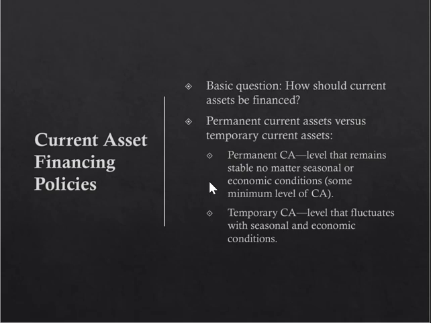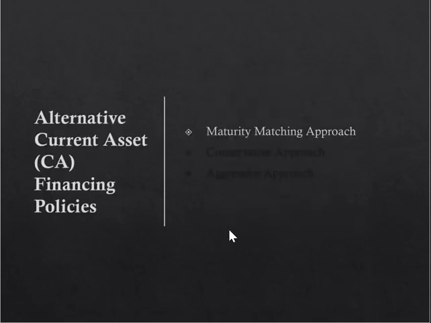The amount of inventory that you're going to maintain during that period from January through June, and cash and accounts receivable, is your permanent current assets. The amount that you're ramping up in July and August to be ready for season is going to be your temporary current assets. And we can see that coming up.